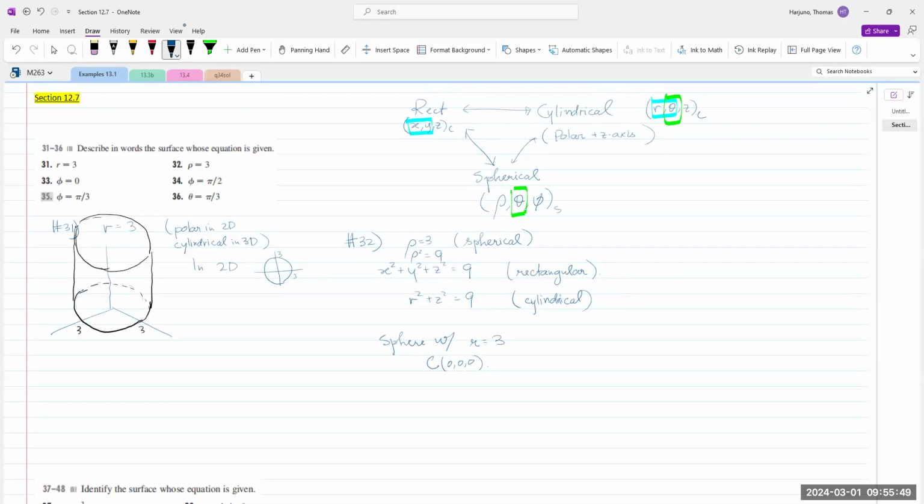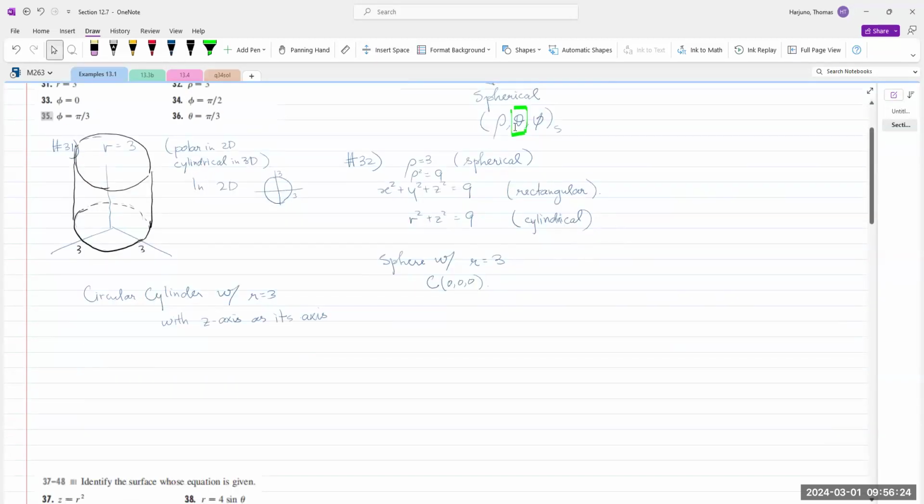This one here is a circular cylinder with radius 3 with the z-axis as its axis.